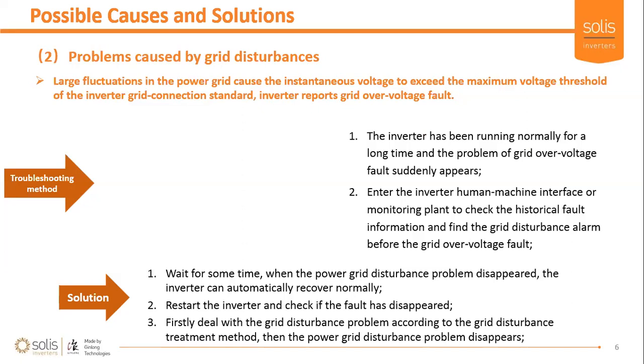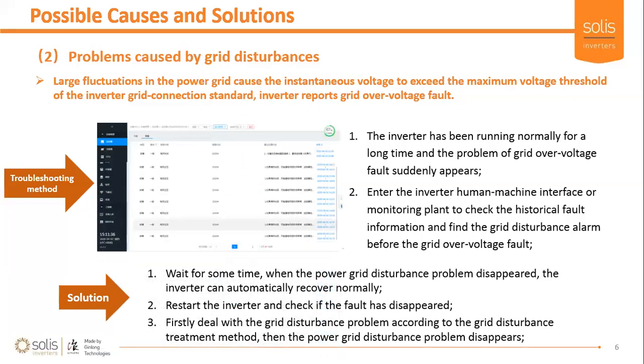At that time, we should check the inverter human machine interface, which is available on our Solis monitoring platform, to check the historical fault information by clicking on the grid disturbance alarm before the grid over voltage fault.